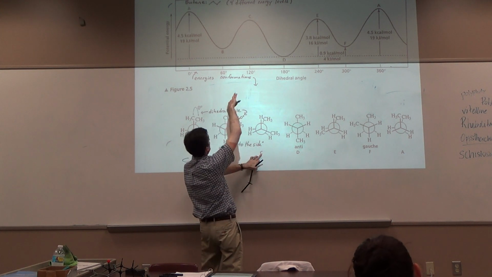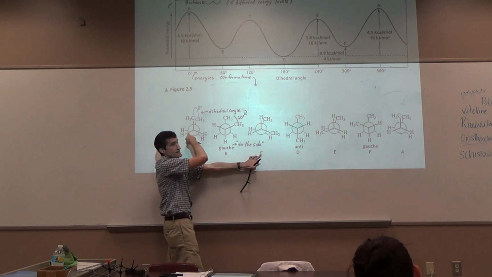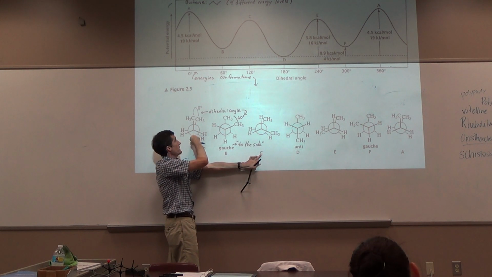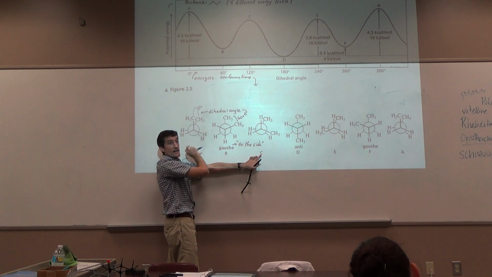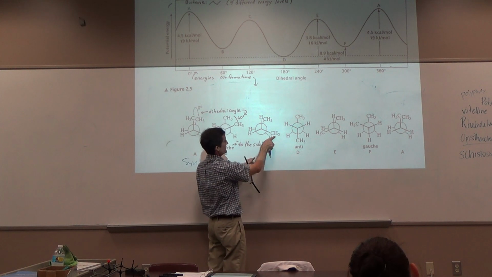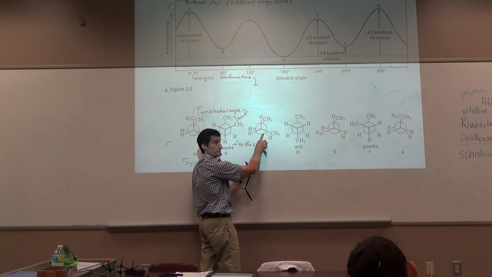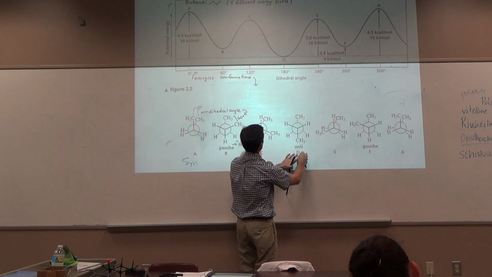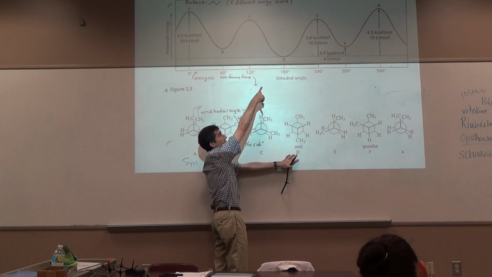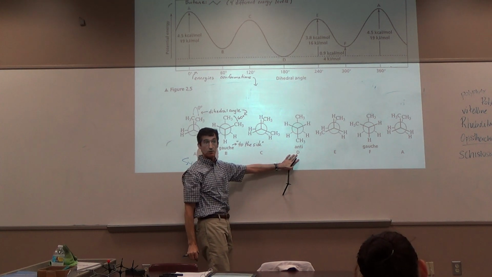Is C higher? You see how they made it higher? But it wasn't as high as this, because over here you had your big groups clashing. Here at least your big groups are not clashing. It's not totally eclipsed. Then you go to D. D is the best. That's why D is the lowest energy in the graph.